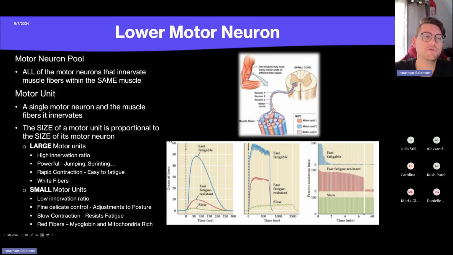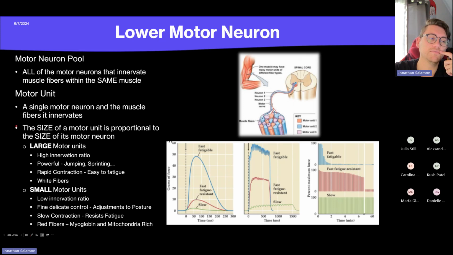It's not going to be a question where they ask you to give this definition, but they might use these terms in questions, and you need to recognize that the motor neuron pool is all of the neurons that innervate all of the fibers in the same muscle, the whole muscle. So the gastrocnemius muscle, your left, has one motor neuron pool. And then the motor unit is the delineation within that muscle, the bundle of fibers that are innervated by one single neuron going to that muscle.